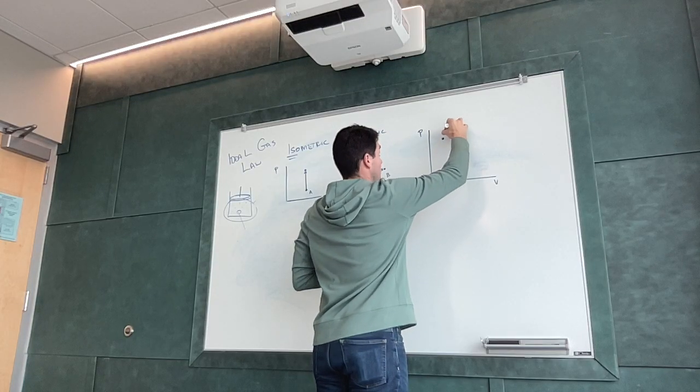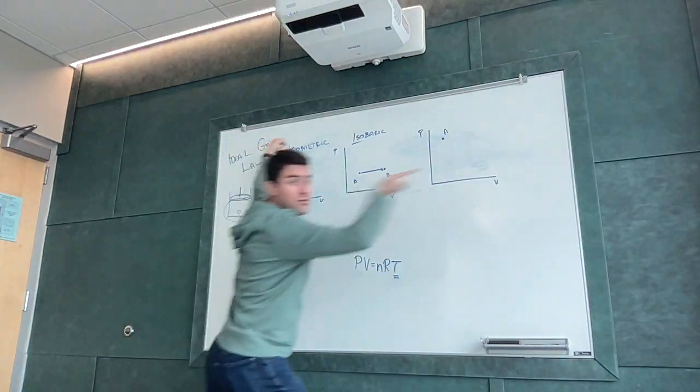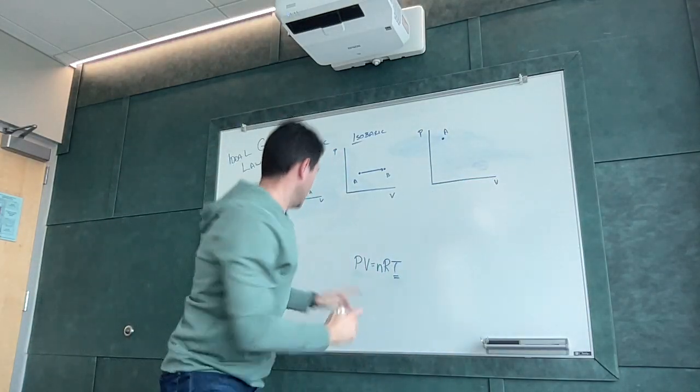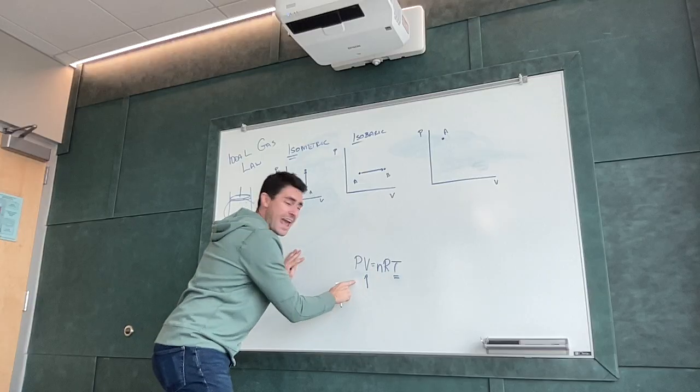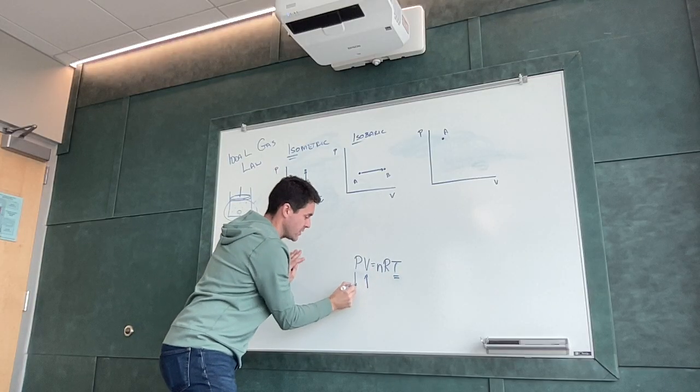Let's say we're here, and that's called A. If I increase the volume but don't change the temperature, what has to happen to pressure in order to keep temperature the same? Well, it has to go down.